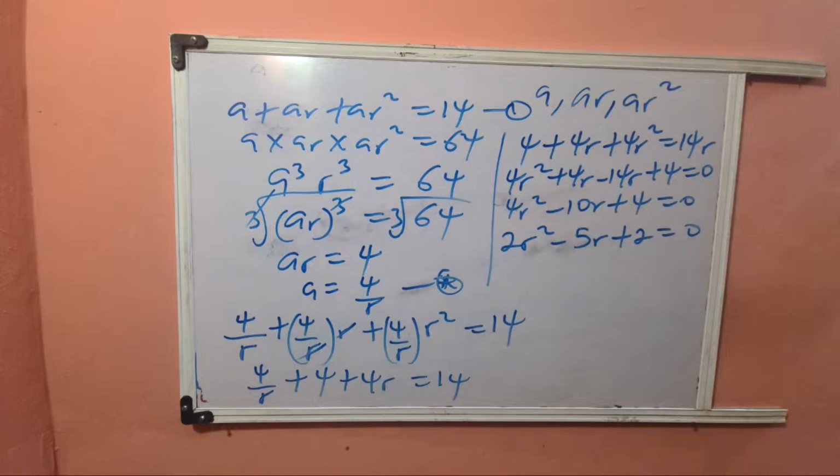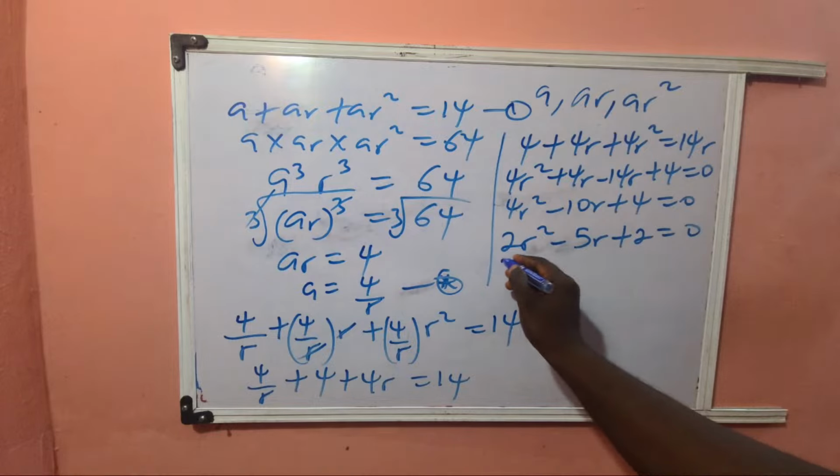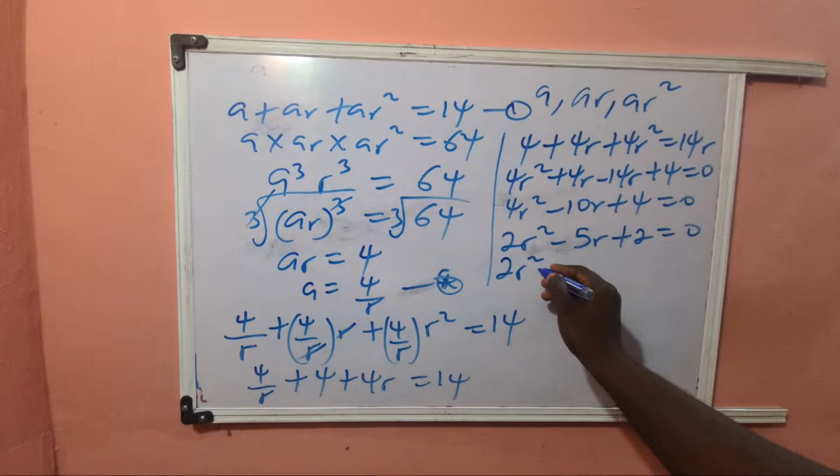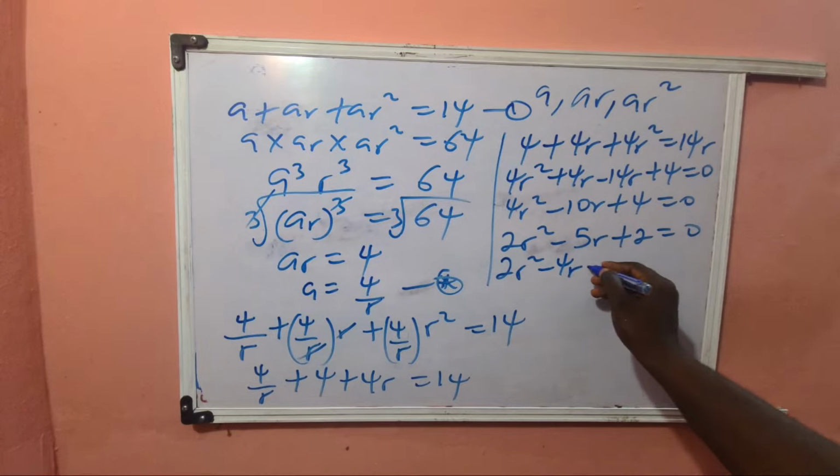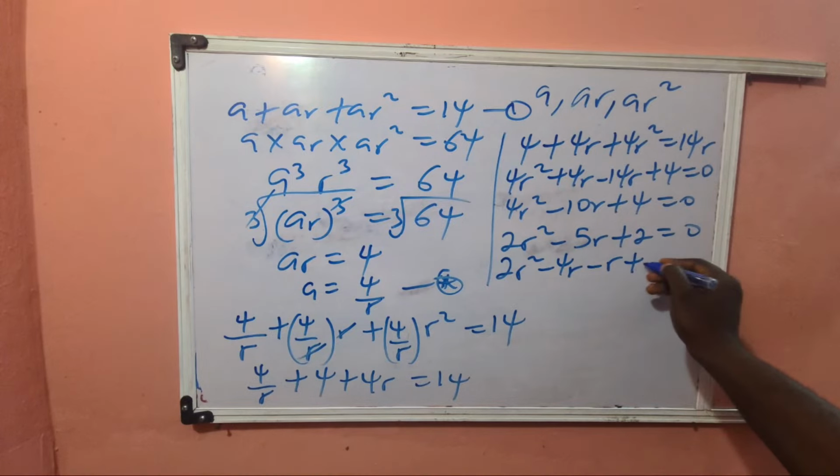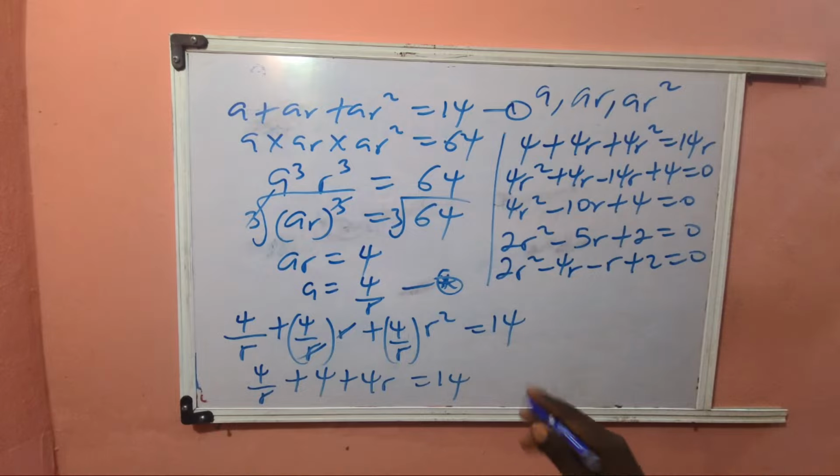So that will be 4, okay? So 2 times 2 is 4, so we'll be having minus 4 minus 1. So that will be 2r squared minus 4r minus r plus 2 equals to 0.